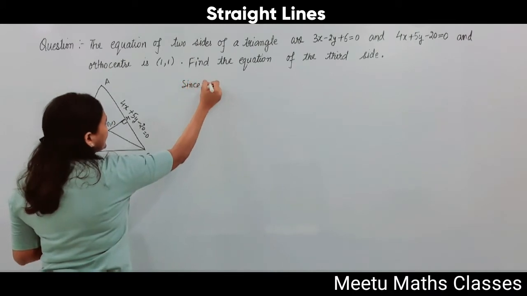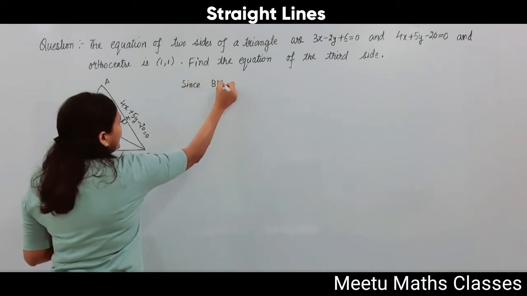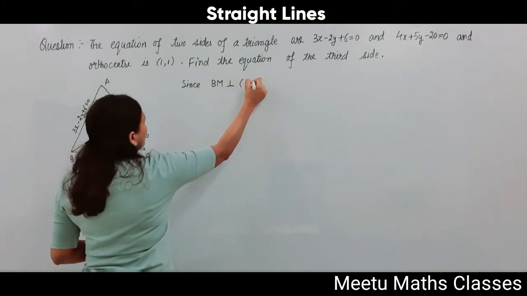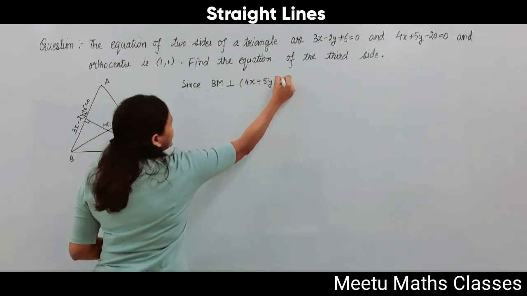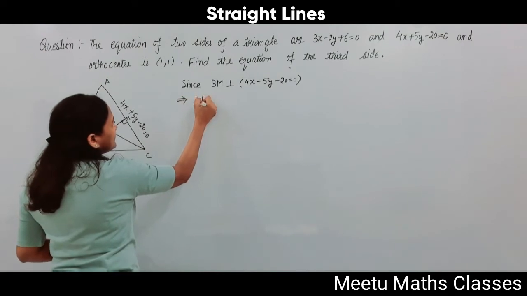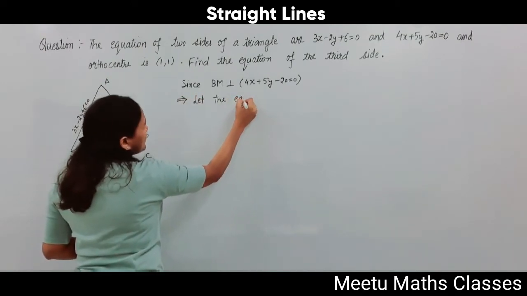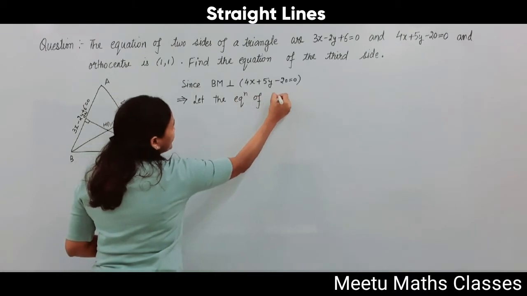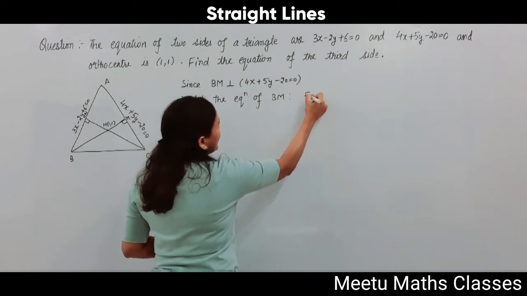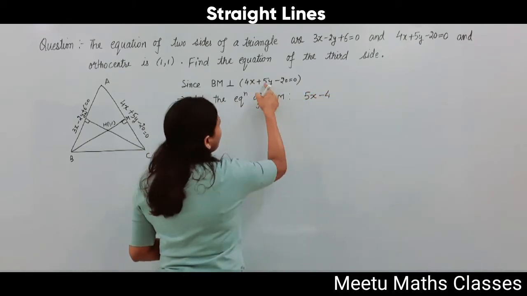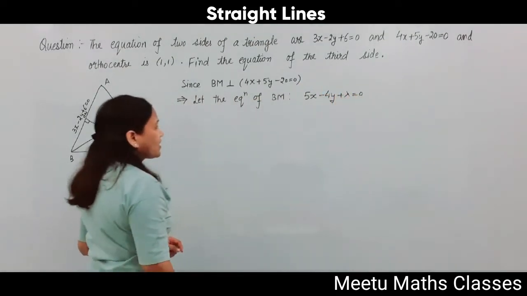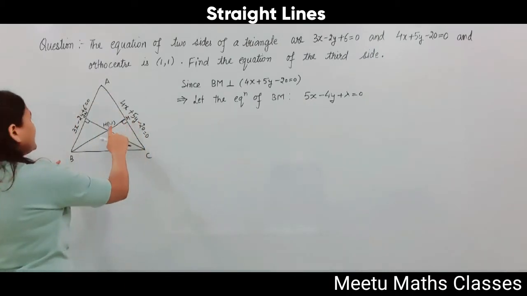Since the line BM is perpendicular to AC, and the equation of AC is 4x plus 5y minus 20 equals 0, the perpendicular line will be of the form 5x minus 4y plus lambda equals 0. Now this line BM passes through (1, 1).